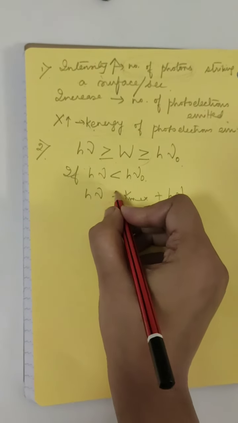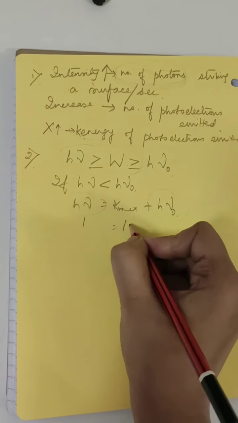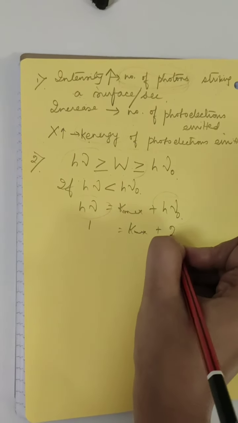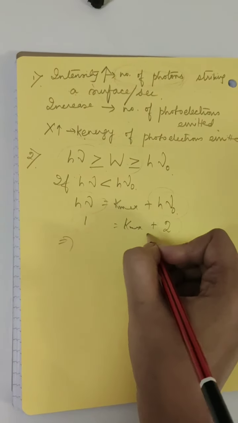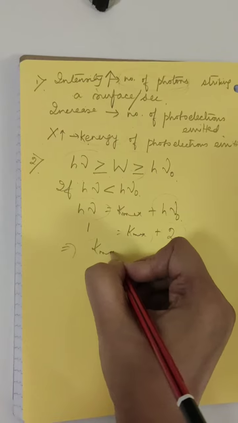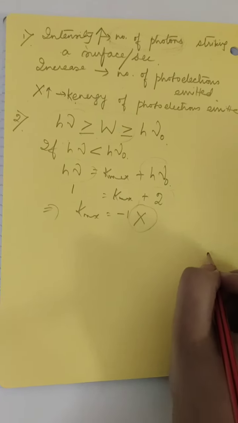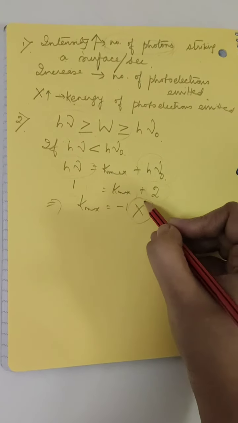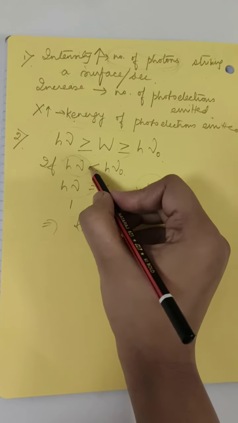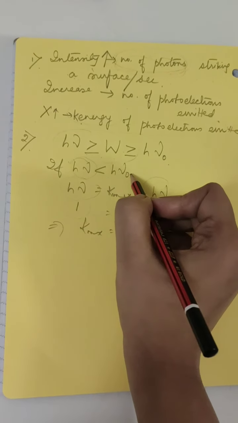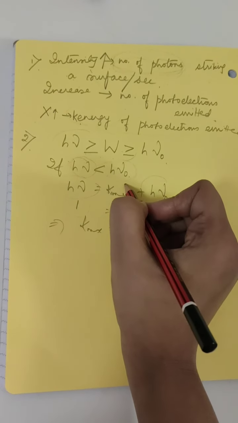Say the work function is 2 and the energy of the incident photon is 1. Then K max becomes minus 1, which is not possible. Kinetic energy cannot be negative. So photoelectric emission will not take place if the energy of the incident photon is less than the work function of the metal, the minimum energy required to eject an electron.